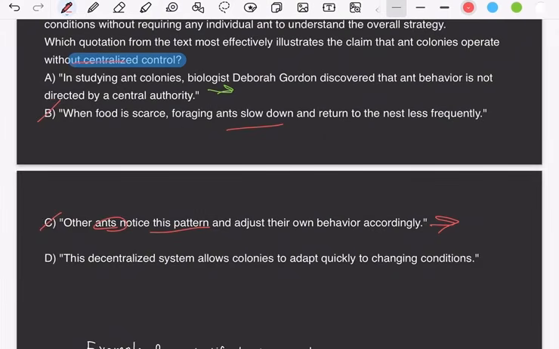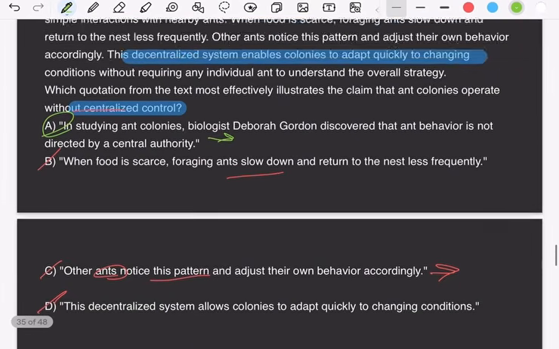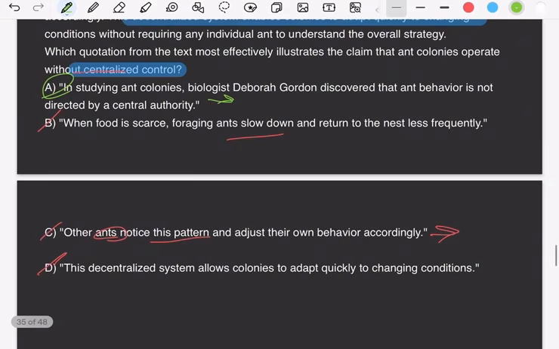And the next one is that this decentralized system allows colonies to adapt quickly to changing conditions. Now, this describes the result, but we want direct evidence, which is given by option A, right? So we see that while D also mentions decentralized, where now you might get an idea that maybe it is mentioning the decentralized system, this is exactly what we're looking for, right?